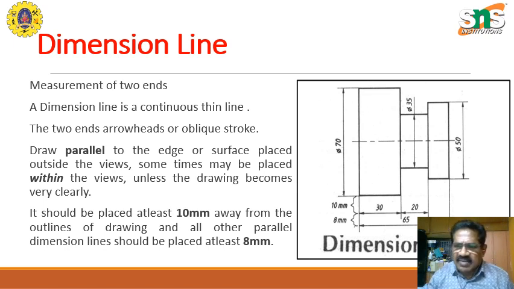Here we have put a diameter symbol. That means this is not a square slot but a circular, cylindrical component, and the diameter of the cylindrical component is 50 mm.